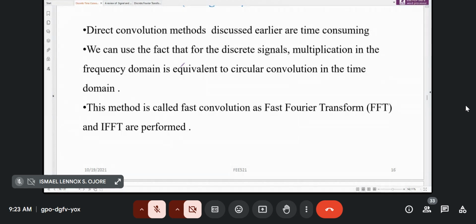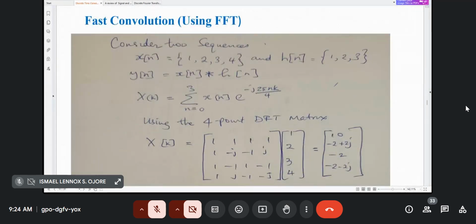How you do the convolution of those blocks is where we now use the FFT to do the convolution of each of those blocks and then add them up. So you'll be performing FFT not on the long sequence, but on the blocks which you have broken down, so that it is faster. I think the best way to see it is using an example.